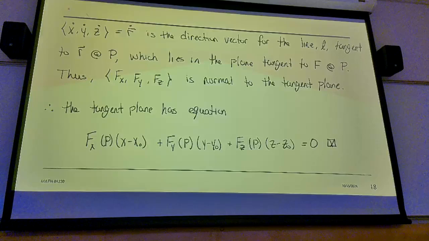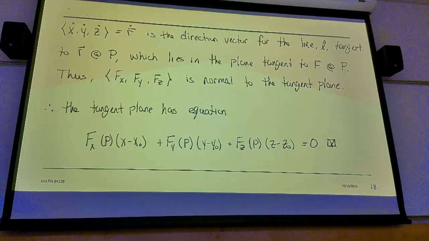I'm sorry, say that part again. I was writing something down. The derivative of r is the direction of a line tangent to r at the point. So that's the direction of a tangent line. But that has to lie in the tangent plane. Right?